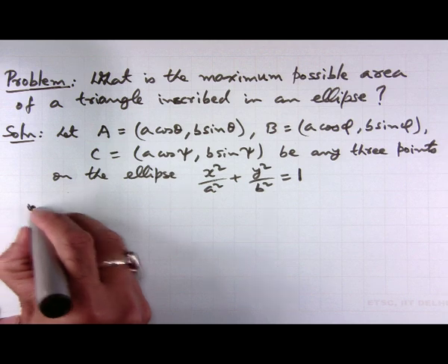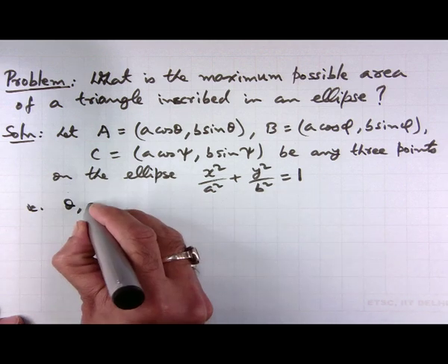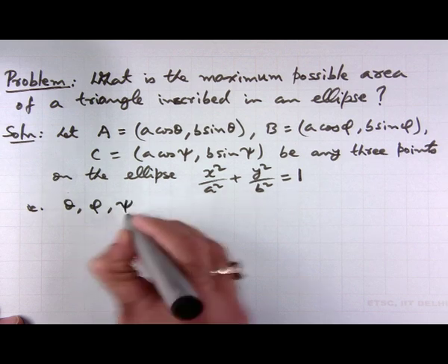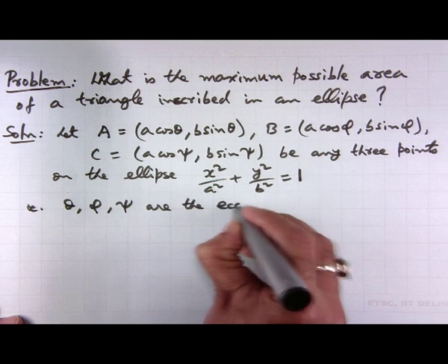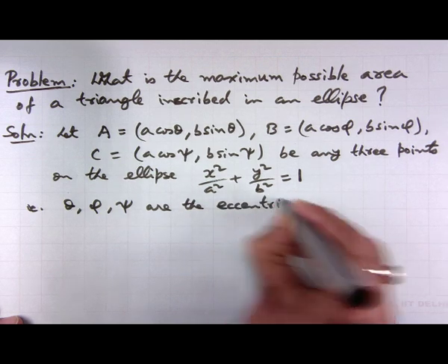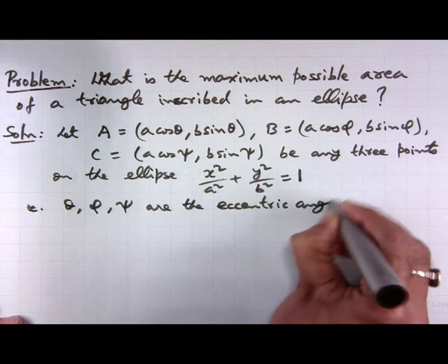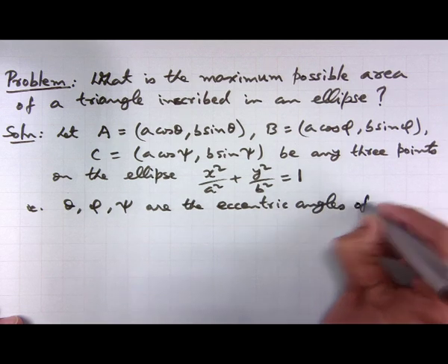So, theta, phi, psi are the eccentric angles of the points.